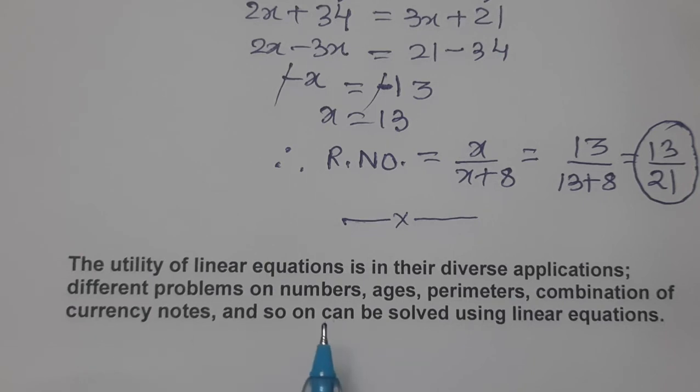Different problems on numbers, ages, perimeter, combination of currency notes we have seen also, and so on can be solved using linear equations. With the help of this, we can solve so many questions of this type. I hope you all understood this chapter and it is completed.